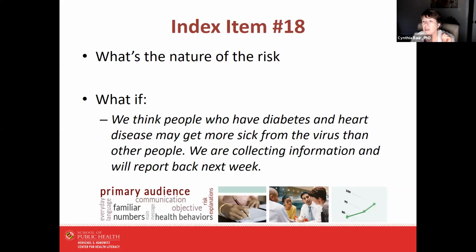Again, we're couching it in terms of the fact this is initially what we're seeing. It's not definitive. We still need more information, but we want to get this out to you because we want you to know that if you have diabetes and heart disease, as opposed to an underlying health condition, which was very non-specific, this is something that you might need to pay special attention to.